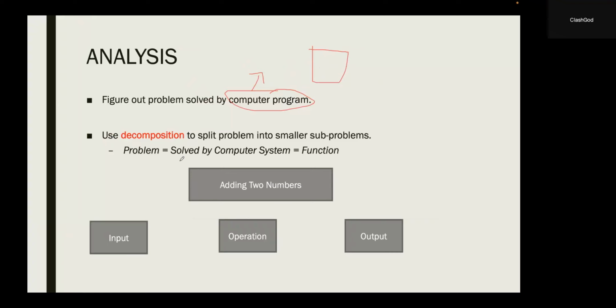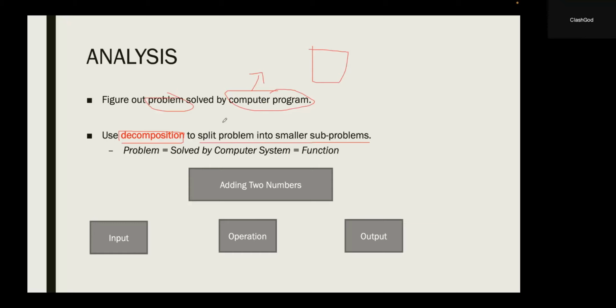After you figure out the problem that you need a computer program to solve, we then use this thing called decomposition. Now, this is a very, very important concept, and we will talk about this later on. But for now, just remember that we use decomposition in order to split the problem that we have figured out into smaller subproblems, right?